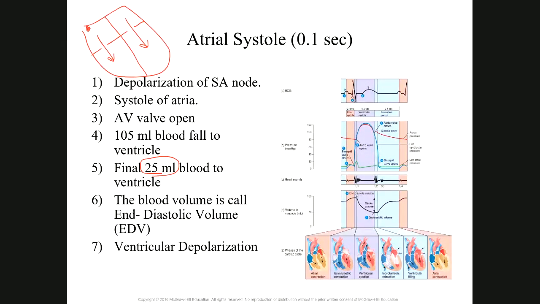First, we have 105, and after that we have 25 milliliters. So in each ventricle we have 130 milliliters of blood. So 130 in the right and 130 in the left ventricle. So you can see it here.